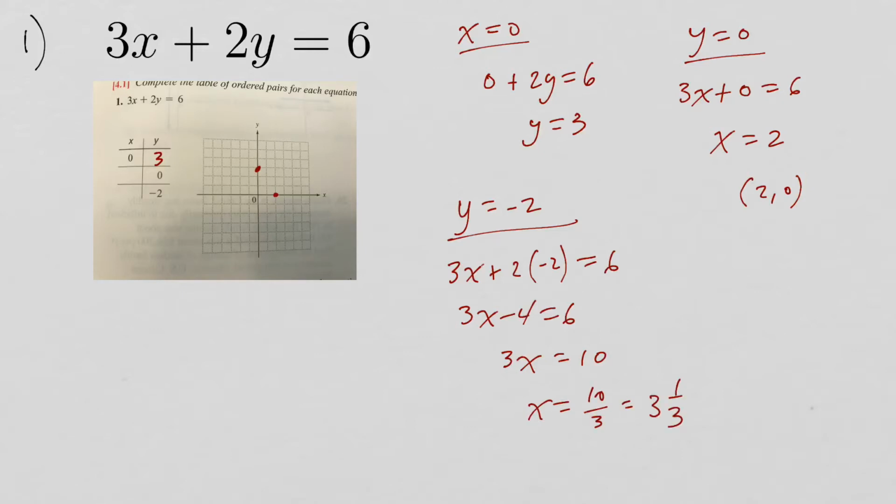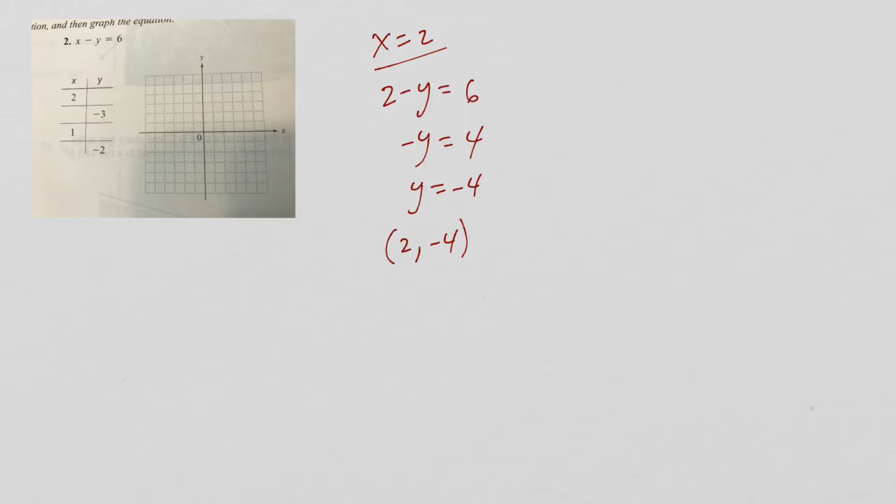So our ordered pair here would be (3 1/3, -2). That's a tough one to graph. But let's see, 3 and a little bit more than a 1 and negative 2 would be about there. Okay, so we would graph this with a straight edge, which I don't have, and it would be like that.